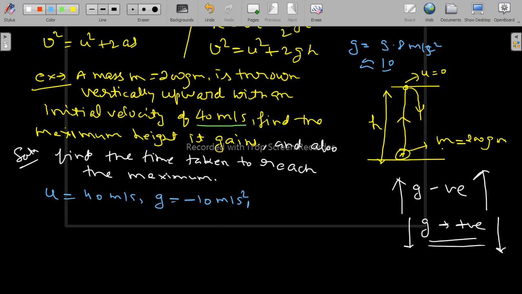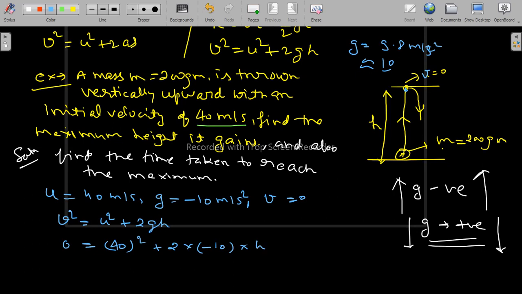When you throw an object vertically upward, after reaching the maximum height its final velocity will become 0, and we have to find its maximum height. So we can make use of the third equation of motion, which is v squared is equal to u squared plus 2gh. Here v is 0, u is the initial velocity, which is 40 squared, and g is minus 10.